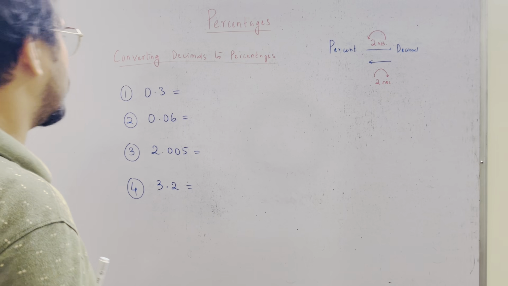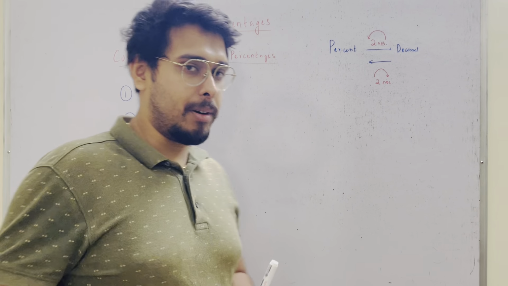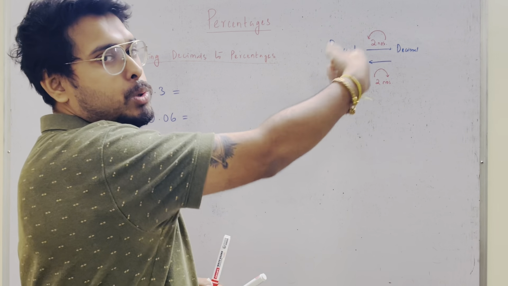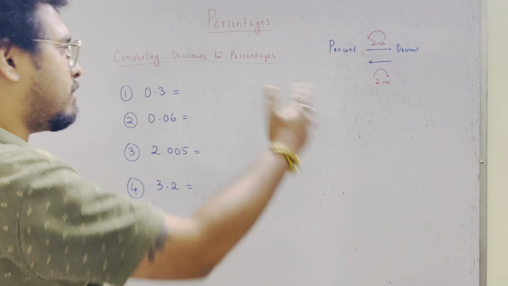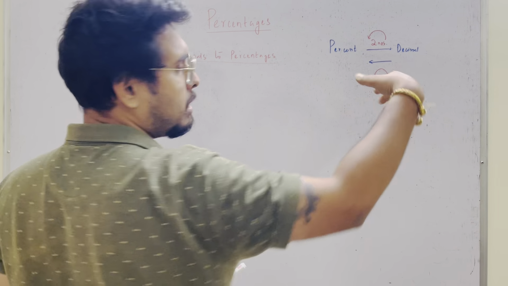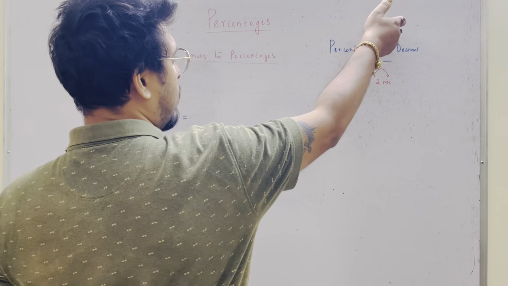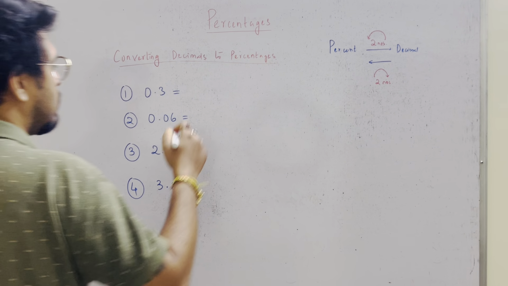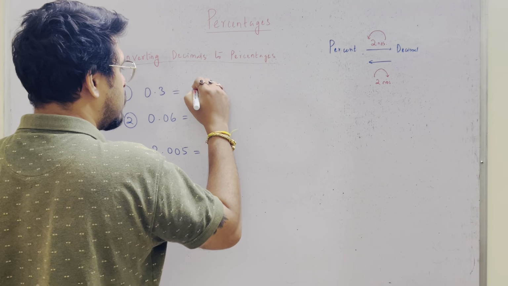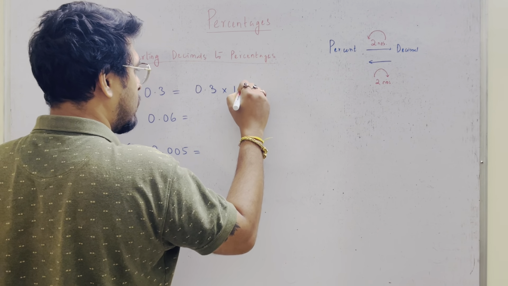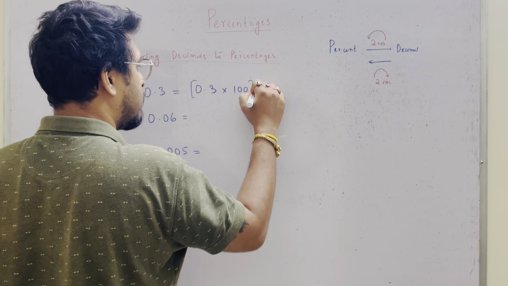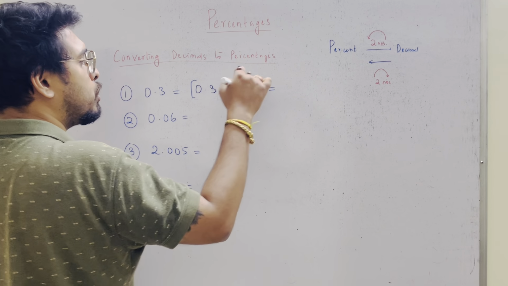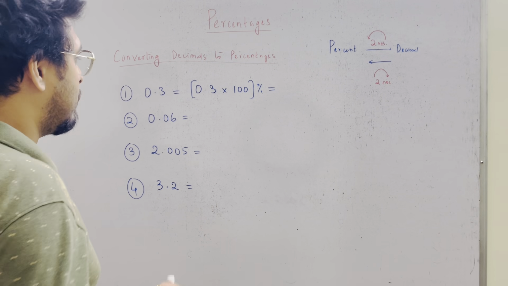This is actually the same as multiplying by 100. When we multiply by 100, the decimal point goes two places to the right. In the previous case, when we did percentage to decimal, we divided by 100 so the decimal point went 2 units to the left. So we will be doing 0.3 times 100, and for that reason you get a percentage, and the decimal point goes 2 units to the right.